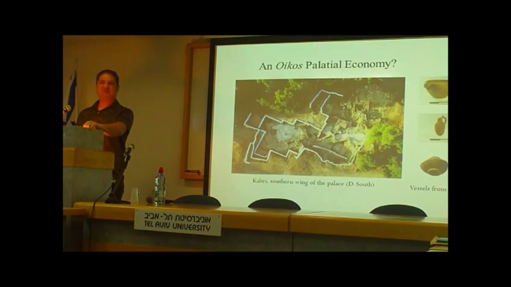May we perhaps, as an interim and very preliminary suggestion, look at Canaanite palaces and Canaanite rulership as the leader of the largest estates or kinship groups within the polity, rather than running a large redistributive system assisted by administration.